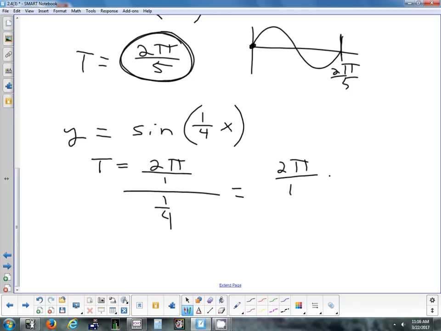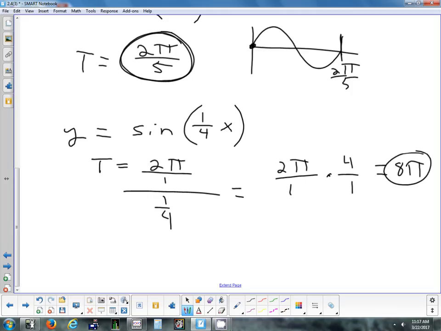It's going to become 4/1, and multiply. So what's 2 pi over 1 times 4/1? So you're multiplying, right? If you multiply straight across, 2 times 4, 8 pi.